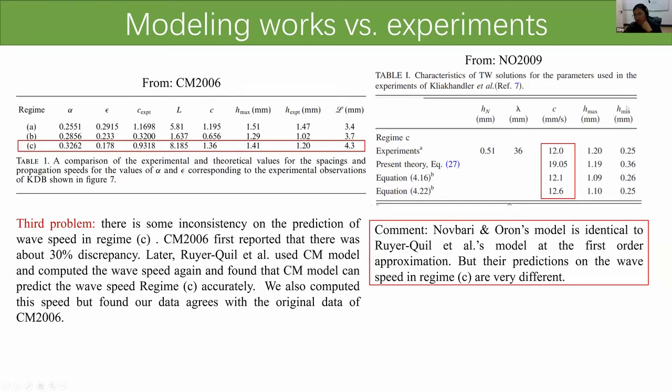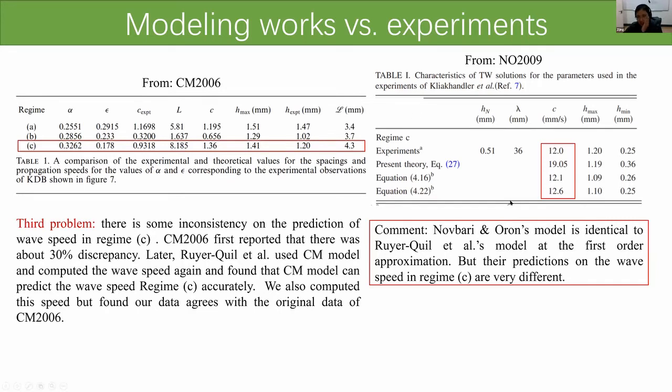And they obtained a very close wave speed to the experimental data. We also computed Crest and Mata's model, but we obtained the same wave speed as Crest and Mata.